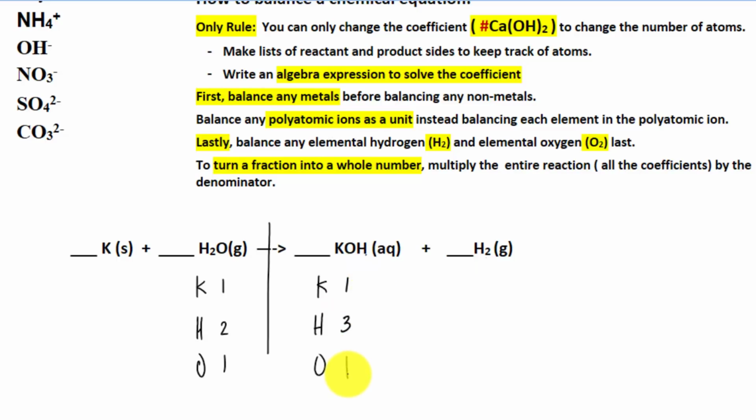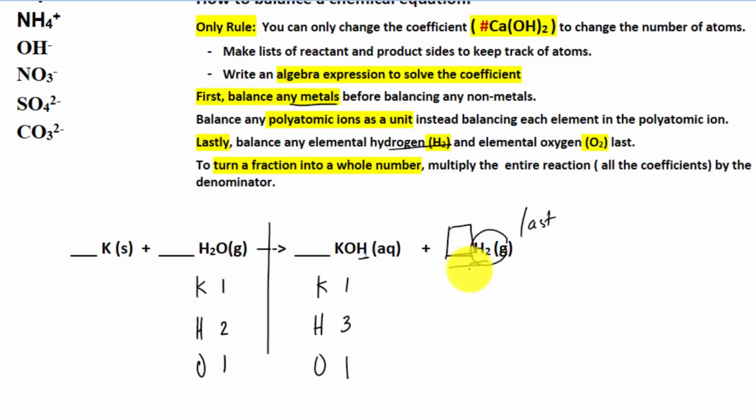So in this case, what you notice is that the K is balanced, since we balance the metal first, which we did. And we're going to save this last as always because it's in elemental form. Oxygen is balanced as well. So now we have a situation where we have to balance this last. As we mentioned before, we're going to balance the elemental hydrogen last. So let's determine the coefficient right here.